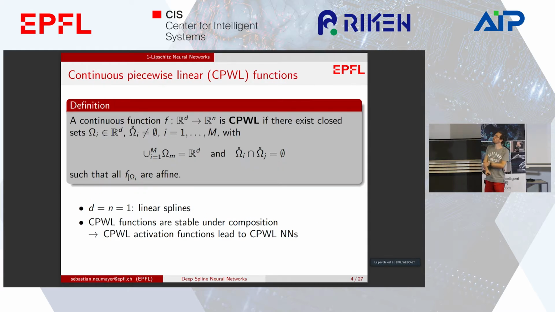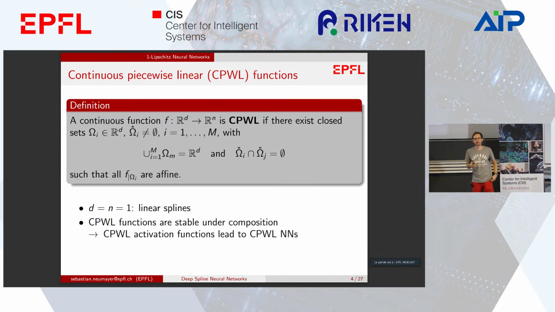Then a definition now first, continuous piecewise linear functions. I think everyone has an intuitive understanding what this actually is. But to be precise, we just need that it's a continuous function, so not really surprising. But there need to exist closed subsets of R^D, which if you unite them are the whole space R^D again, and they need to have non-empty interiors.